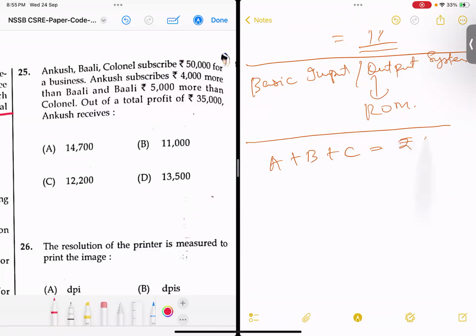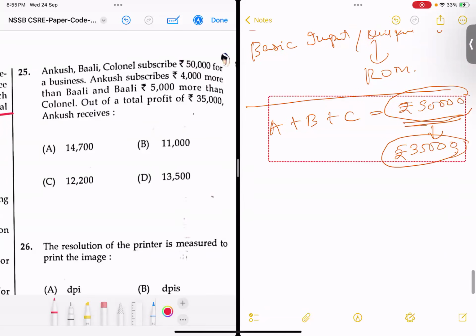They are subscribing a total of 50,000, and by investing 50,000, they are getting a profit of rupees 35,000. Because they have invested different sums of money, the profit should also be different, right? So we just have to find the ratio.